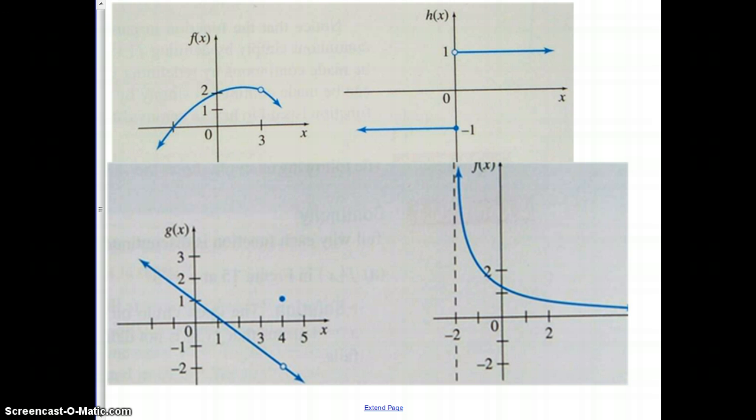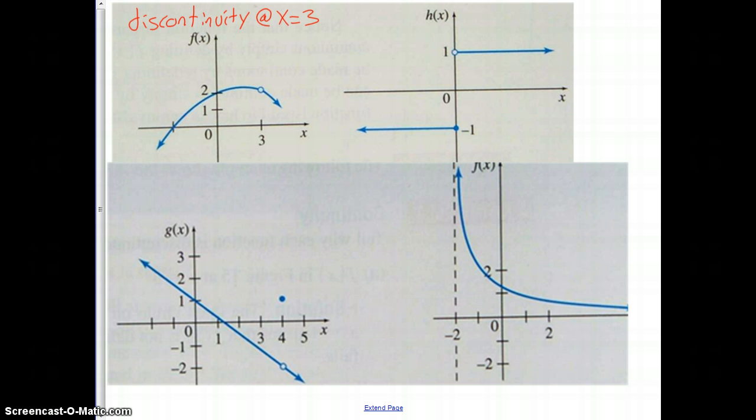Looking at this top left graph, you can see there is a hole in the graph at an x value of 3. So this is discontinuous, is the proper way to say it, but we say there is a discontinuity at x equals 3.